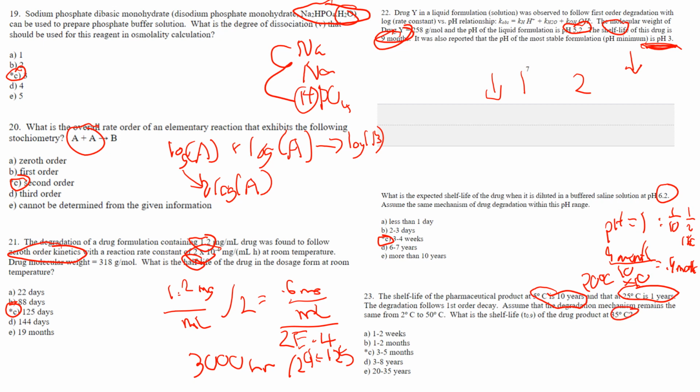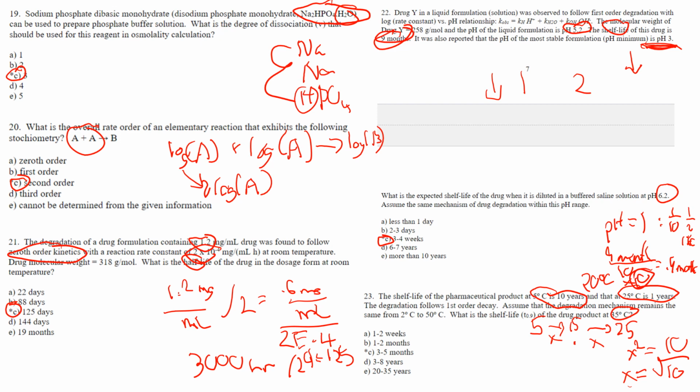What we can do to circumvent this, since we know each of these steps is multiplicative, is this: going from 5 degrees to 15 degrees, there's something. Let's call this x. And from 15 to 25, there's another x. Since these are multiplied, this is x squared. So if we have a value of 10 here, we can write x squared equals 10. We don't really need to know what x is. We can just write that x is the square root of 10. And this will be our factor.